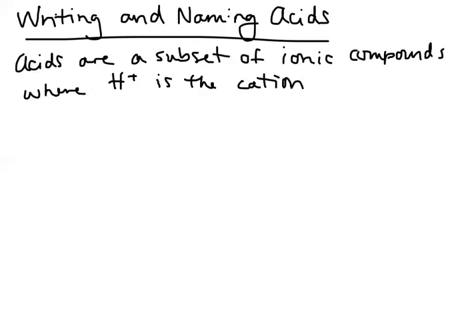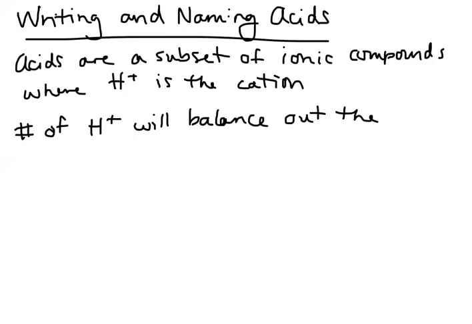Acids are a subset of ionic compounds, but you identify them because they start with H plus. The number of H plus will balance out the anion charge.